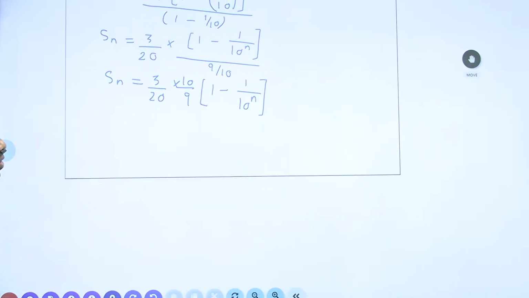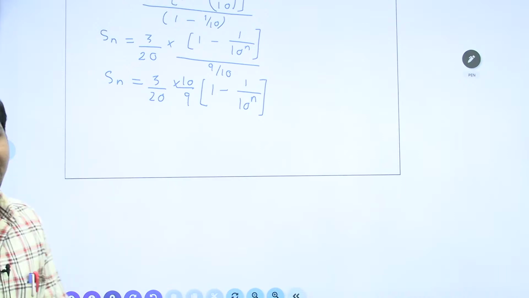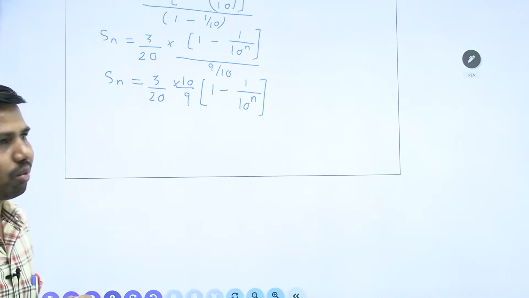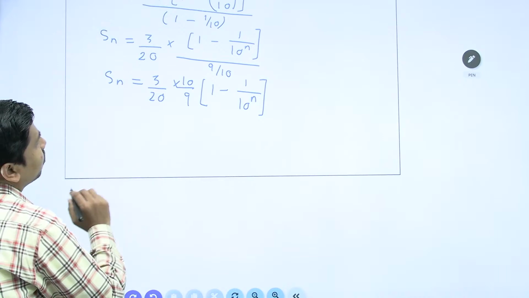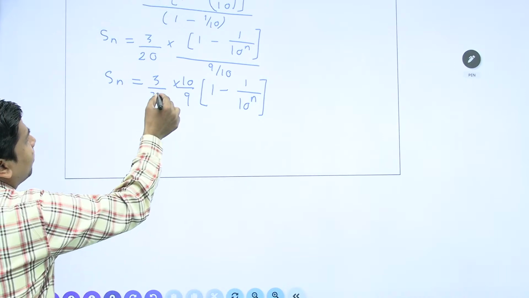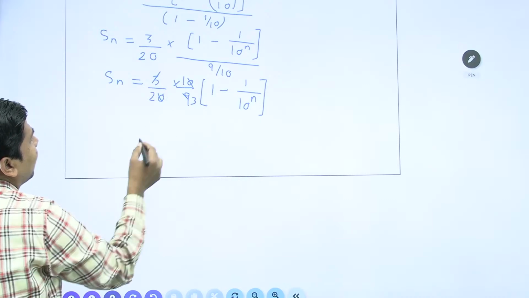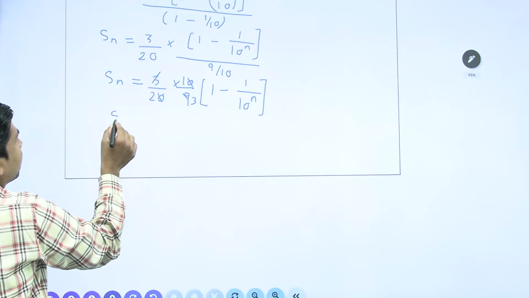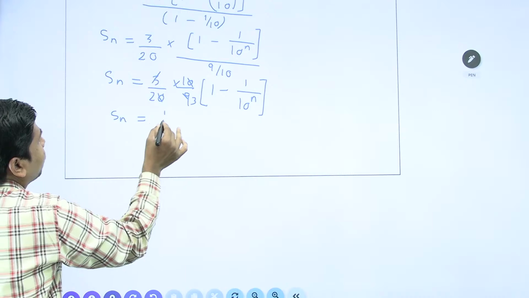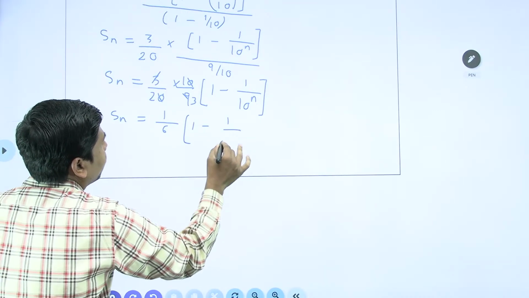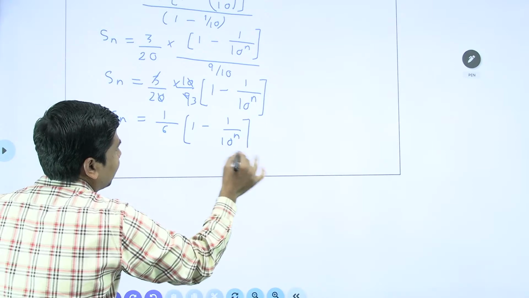But we need to find S20. So replace n equal to 20, that gives the sum of 20 terms of the given geometric progression. Before that we'll cancel the zeros, 3 ones are 3, 3 nines are 9. Sn equal to 1 by 6 into 1 minus 1 by 10 raised to n.